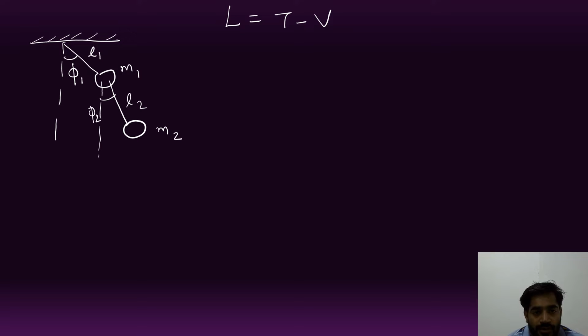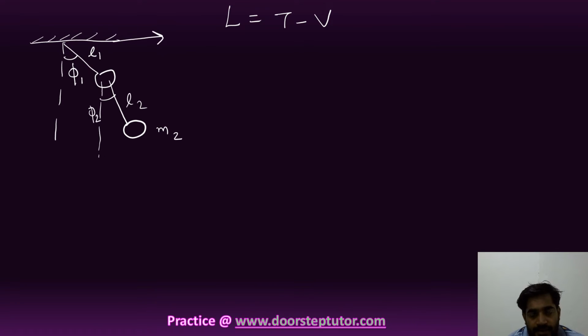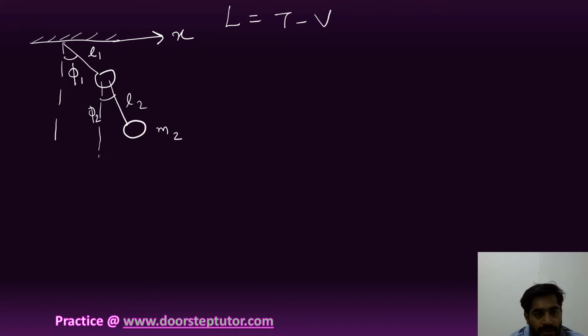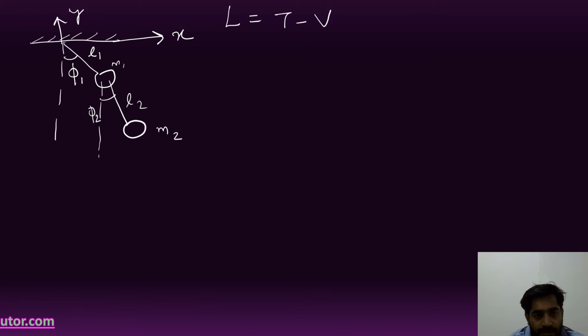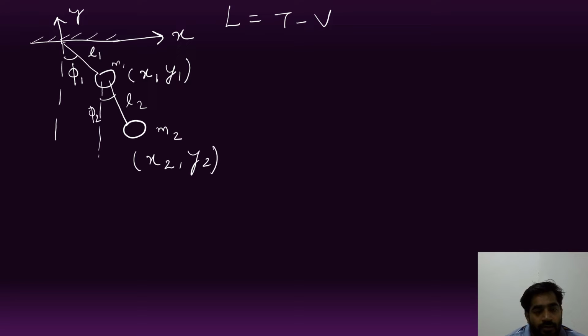So I can say that this is the x-axis and this is the y-axis. For mass m1, the position of the bob in the coordinate system is x1, y1, and for bob 2, the position is x2, y2. Now what is the velocity? The velocity is related to x1, y1.